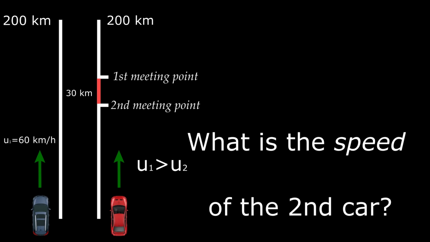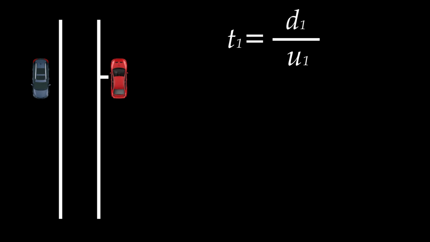Okay, so since the two cars start at the same time, we know that they arrive at their first meeting point at the same time. We'll start with the first car. We know from physics that t1 equals the distance it traverses over its speed. Let's call the distance between the car's first meeting point and their initial positions d.